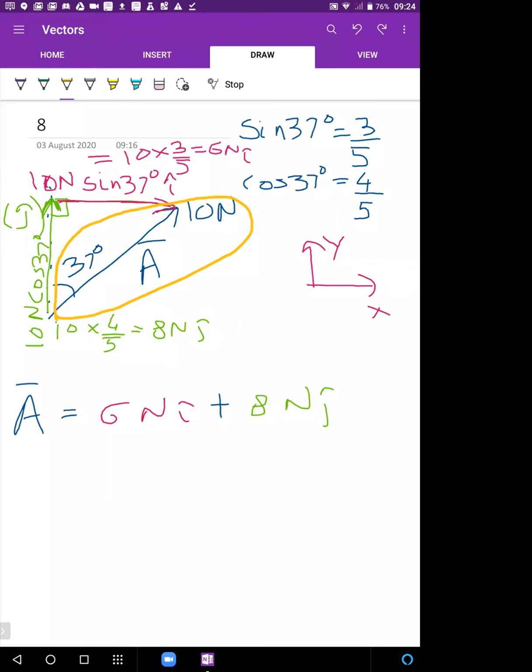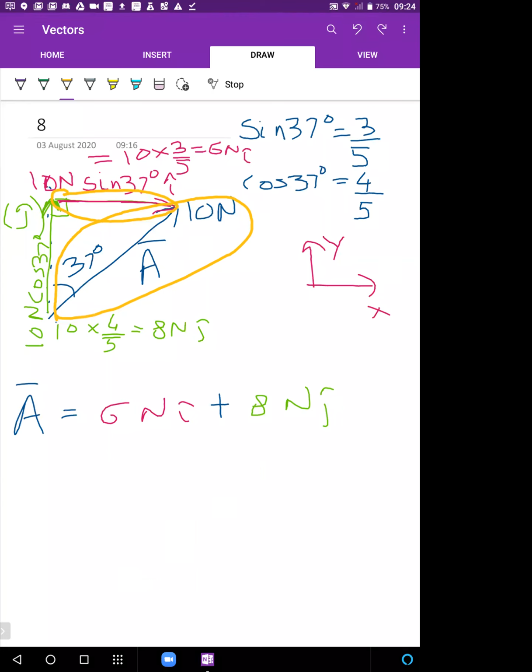About my pink part, for this I'll need to ask the question, is the horizontal part of this vector towards right or towards left? So when you again step back and look at the vector, is it ultimately going towards the right or towards the left? You can sense that it is in a way moving towards the right.